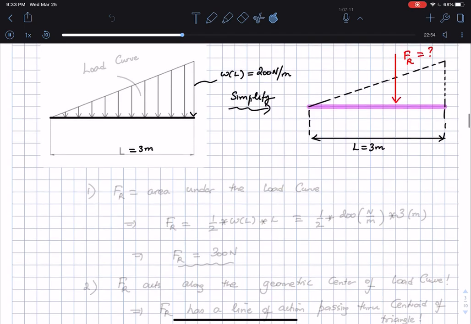The idea is fairly straightforward. Once again, we make use of the fact that FR is the area under the load curve.